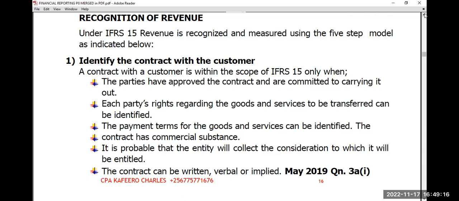If you are just transferring an item, maybe from a parent to a subsidiary, and there are no monetary transactions taking place, then we don't expect that to be called or recognized as revenue. So it means we are not having a contract with any person, because there is no monetary benefit that is going to arise for either of the parties.